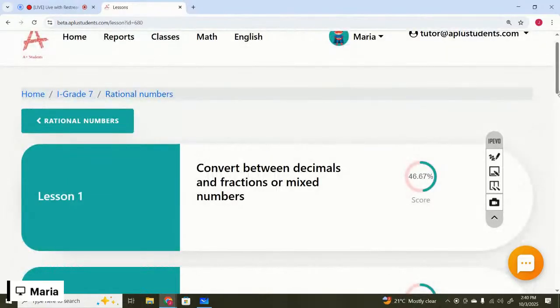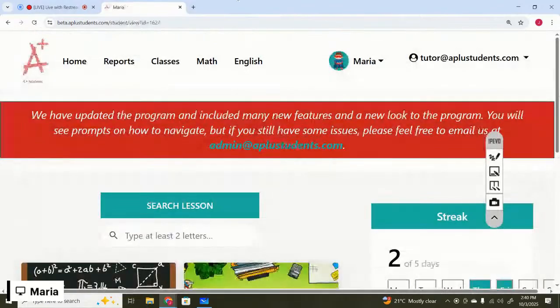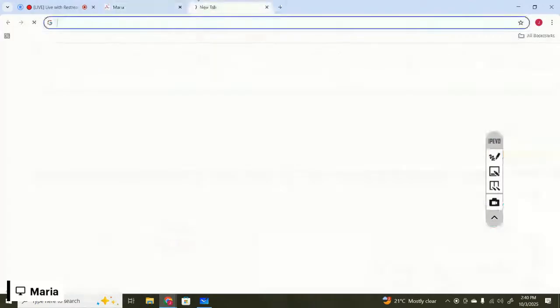So before the next session, please complete all the practice questions for the lessons we just did. That is your homework until the next session.